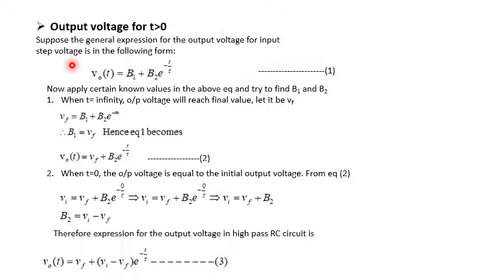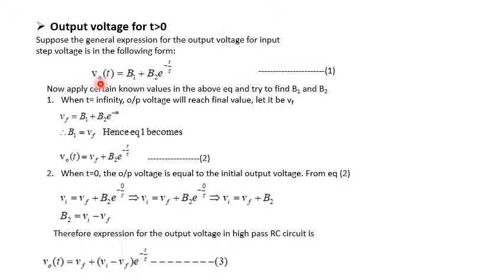Now we have to find out what is the nature of the output voltage for t greater than 0. As the capacitor is connected in the circuit, we can presume that the output voltage is in the form of exponential variation, because whenever a capacitor is present in a circuit, the charging and discharging of the capacitor is in an exponential manner.